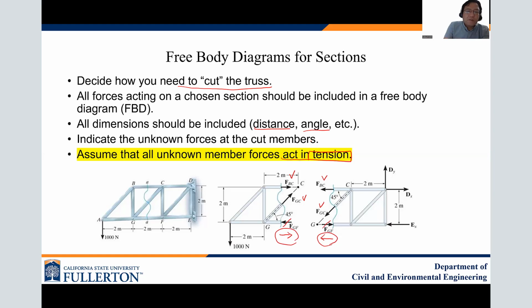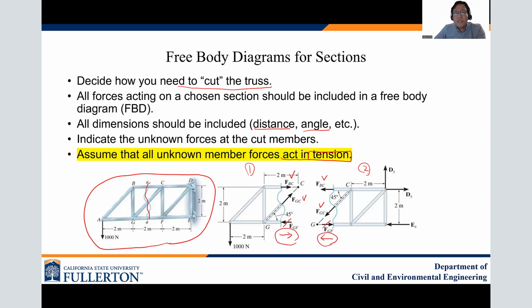You can see that for this same example figure, we cut along A-A, and then you can have part 1 and part 2 of the truss. Part 1 has 3 unknowns: FBC, FGC, and FGF.